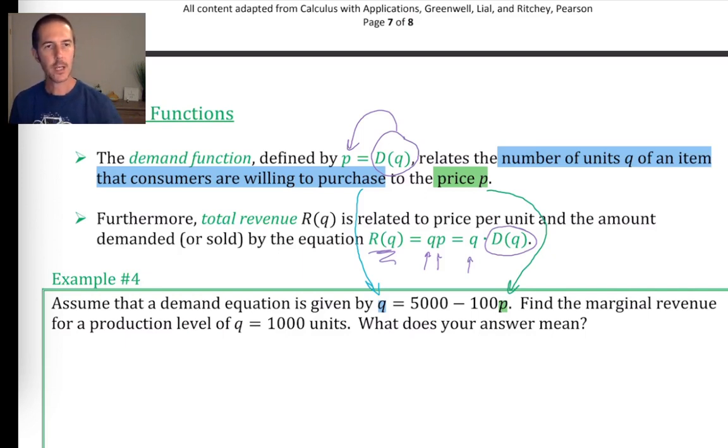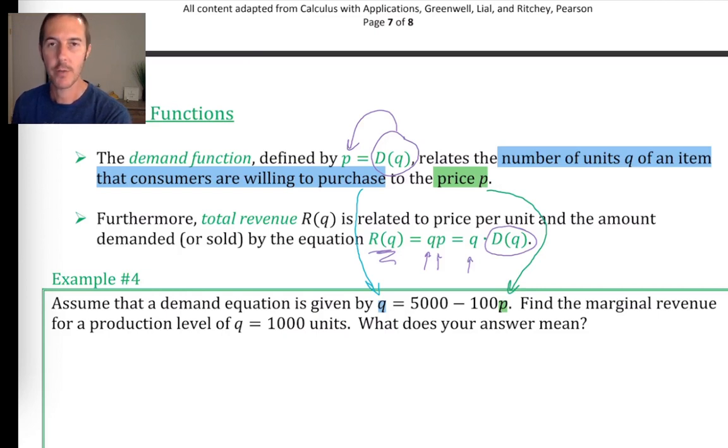Okay, so let's take that into the actual example. It says that we're to assume that the demand equation is given by Q equals. So Q, remember, is number of items. P represents price. Find the marginal revenue. Marginal, my mind stops.